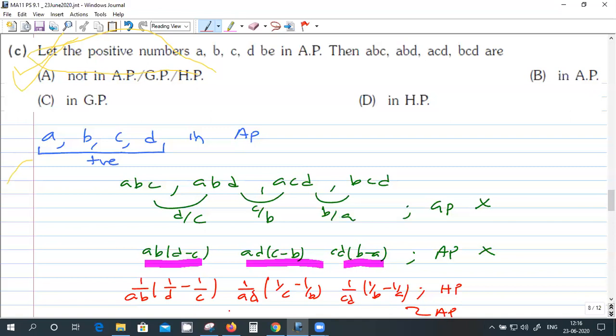Taking the reciprocals, this becomes C minus D divided by ABCD, this is B minus C divided by ABCD, and this is A minus B divided by ABCD. So the denominator is ABCD in all, and the numerator is minus D, minus D, minus D. So this is an AP, so the original one is an HP. The answer is D.